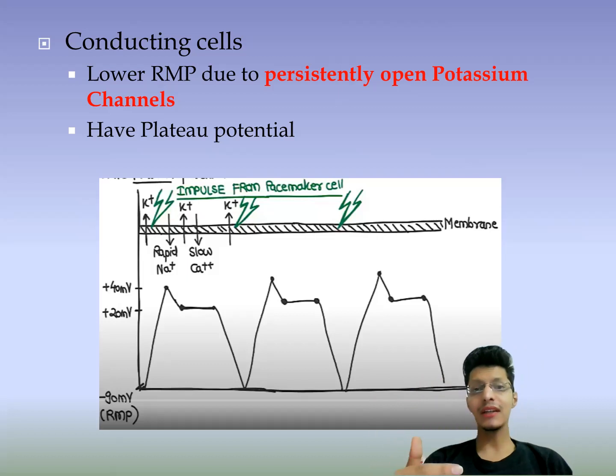Then again, the persistently open potassium channels lead to the mild repolarization. And then there is opening of a slow calcium channel, which leads to a plateau phase or plateau potential. Then there is a persistent opening of potassium channels, due to which you can see repolarization. What is special about the conducting cells is that they have a plateau potential.